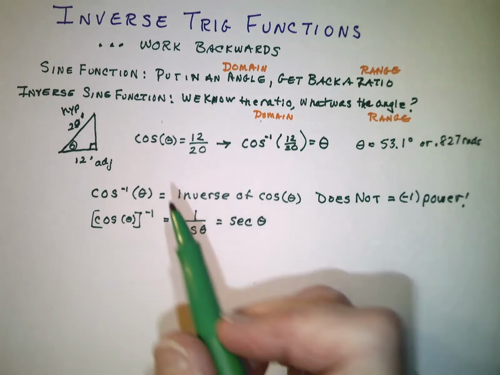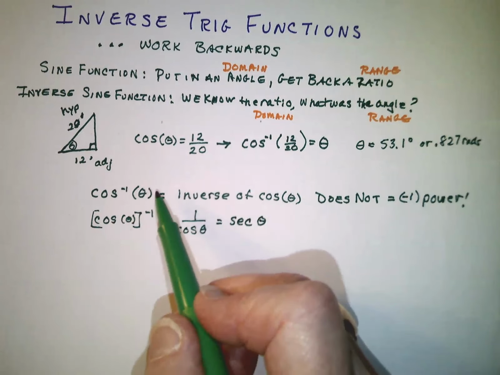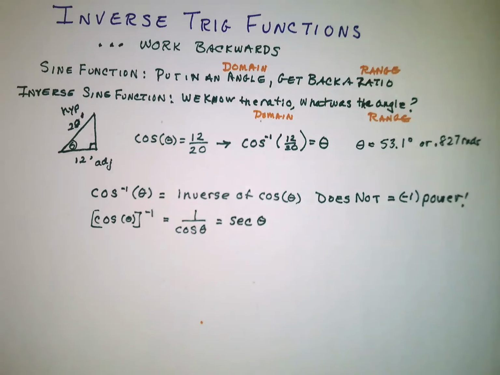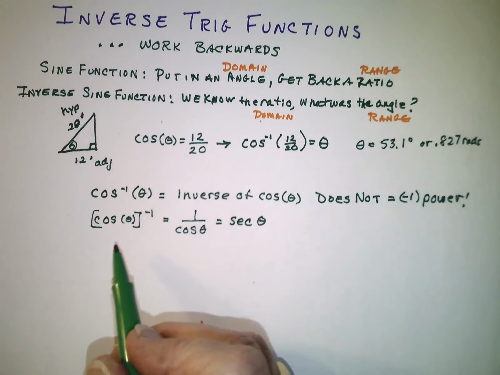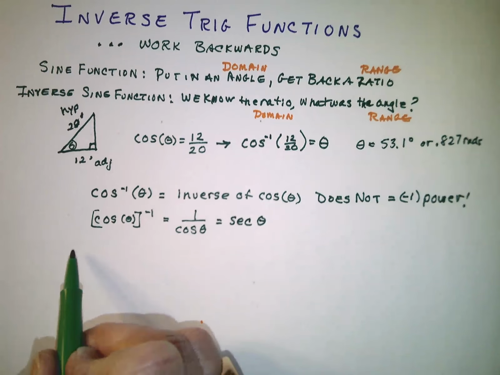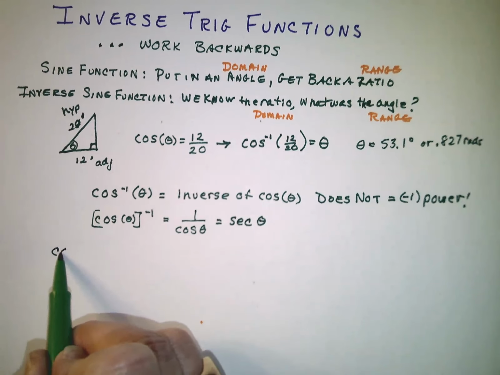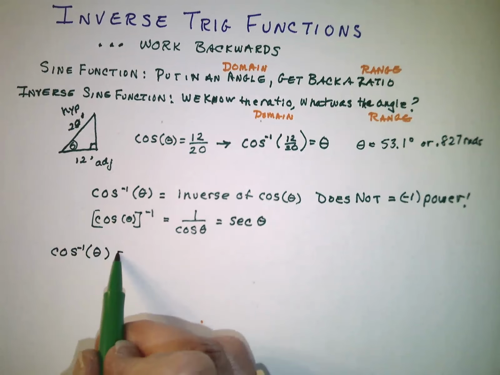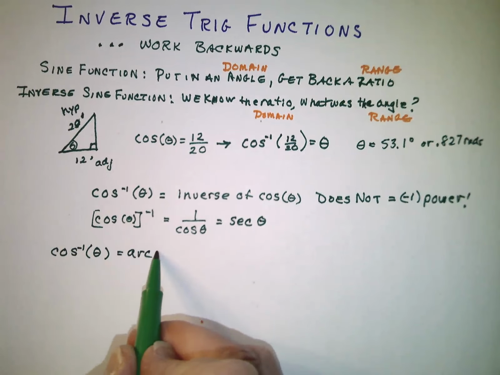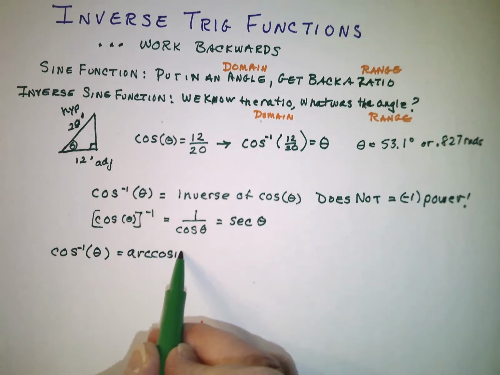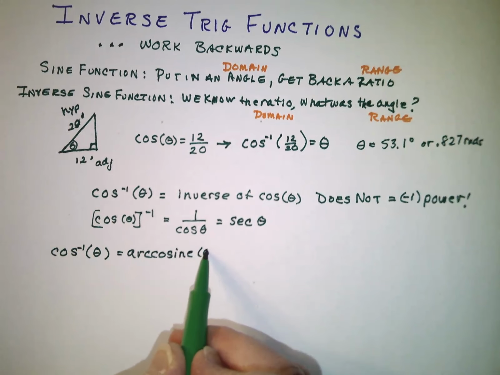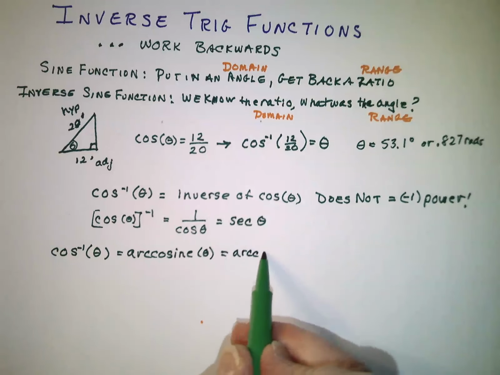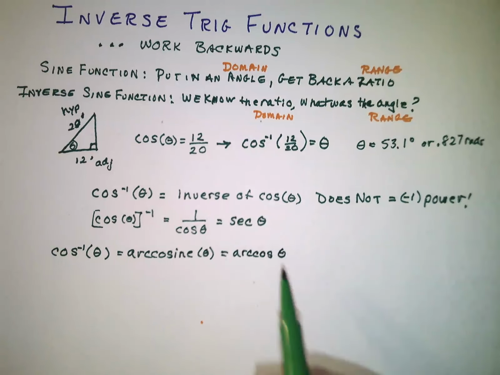To try and distinguish between these two notations, some of our ancestors came up with a whole different way of writing it. Whole new set of names. Inverse cosine of an angle can also be written as the arc cosine of the angle, which is abbreviated arc cos theta.